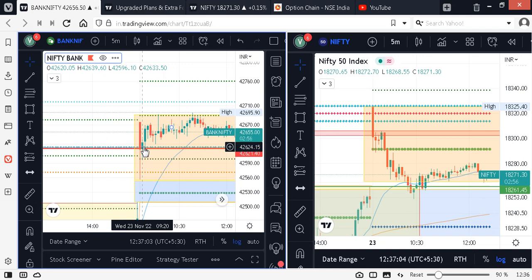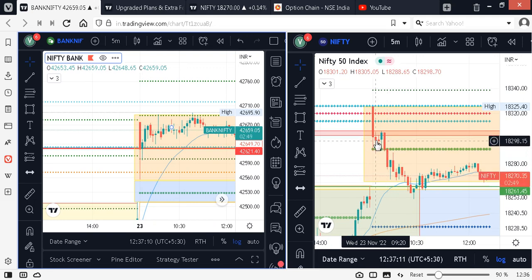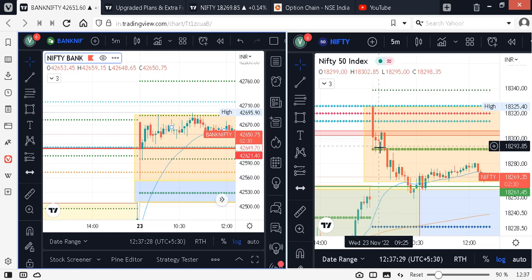If you compare this in Nifty also, this is a pin bar, but not a bullish pin bar, it's a bearish pin bar, but it is considered bullish because this wick denotes that there are buyers present over here, and the buyers take the price till here and it closes here. That means there is a chance that buyers are taking the price in the upward direction. But if you see here, there is an obstacle here, this is called a low probability trade.